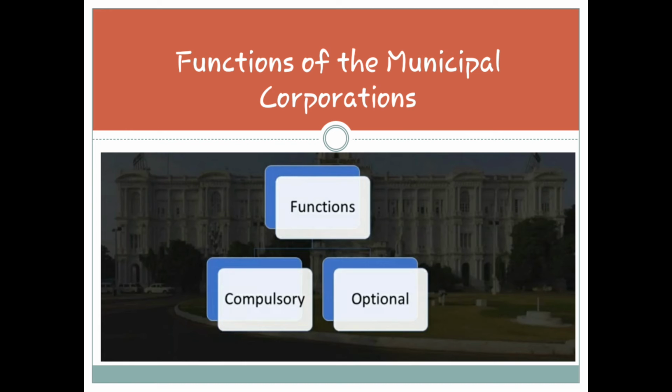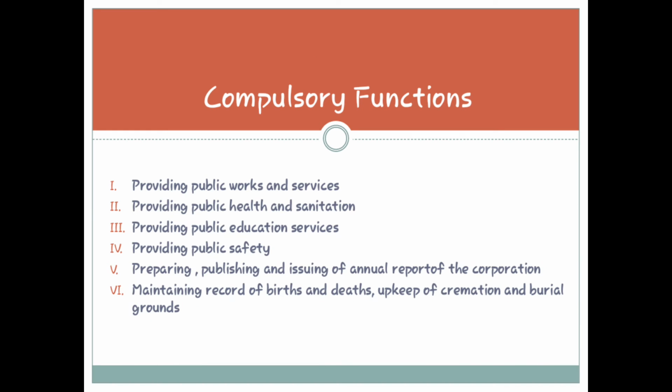Then educational institutions like primary and secondary schools, including organization of adult literacy classes, maintenance of records of births and deaths, and upkeep of the cremation and burial grounds are all compulsory functions.